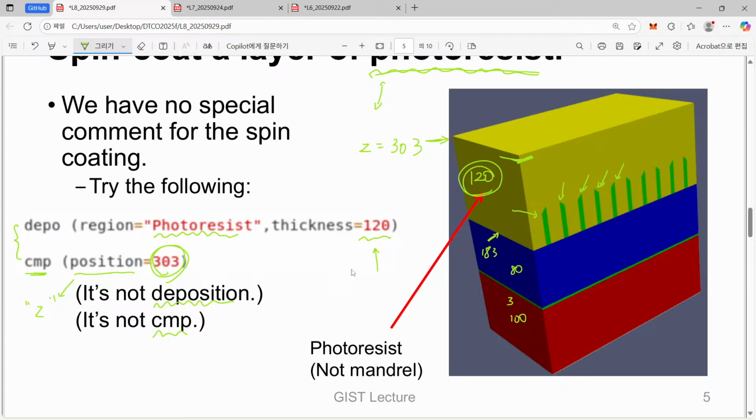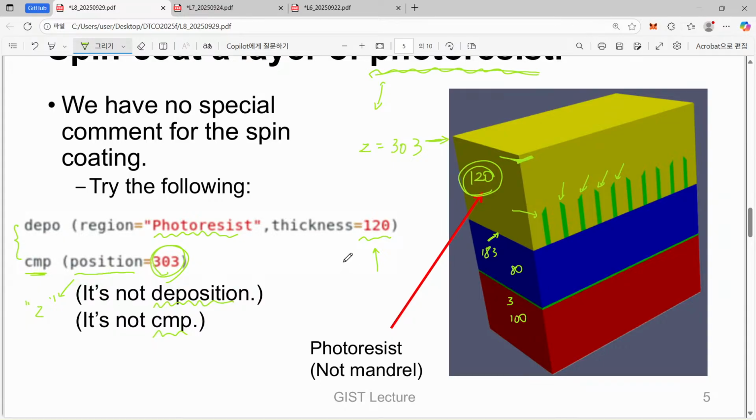I just dug out the references and found that maybe 120 is a reasonable number for this, but I have little idea about that. Actually the thickness can be controlled quite well. For example, if you pour your photoresist onto the wafer, this spin coat means that the wafer itself is rotated.